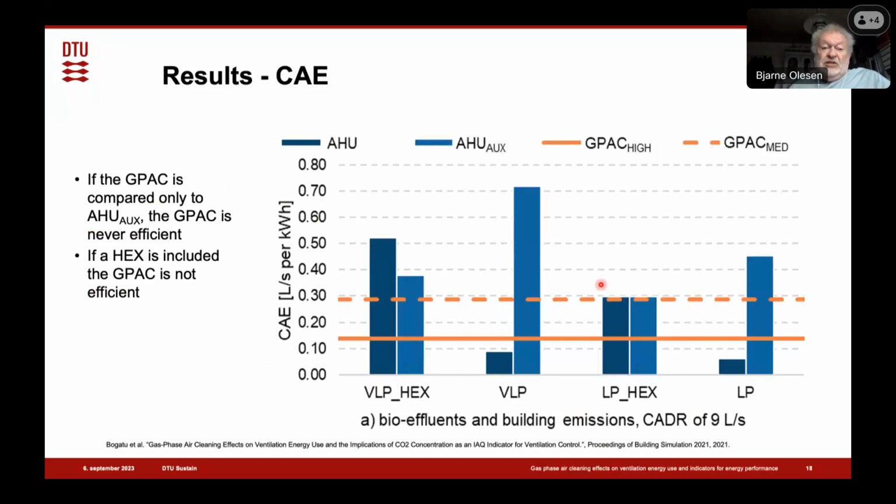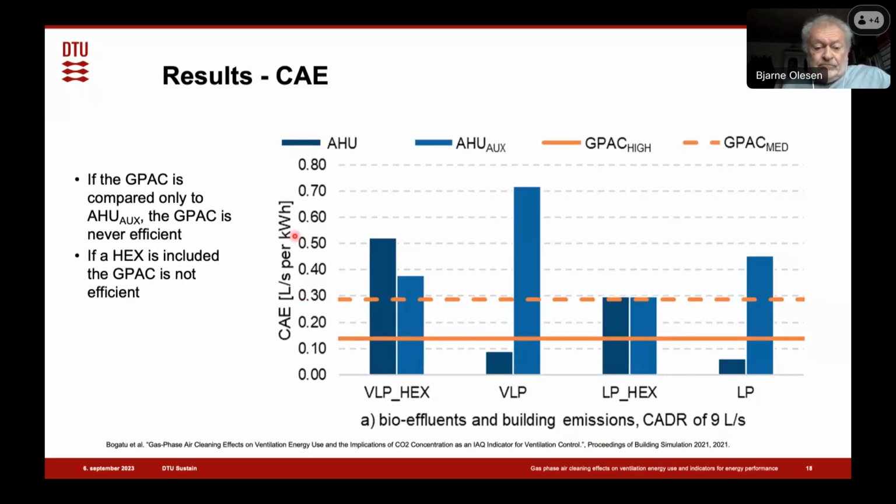And if we look at these first results, as I said, we have now done other analyses which are on the way in a publication. I will not show them here, but I think it will be published in one or two months from now. In this study, we have on the y-axis clean air efficiency, so liters per second per kilowatt hour.